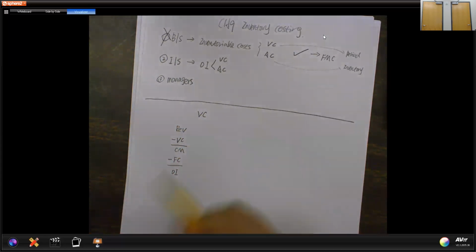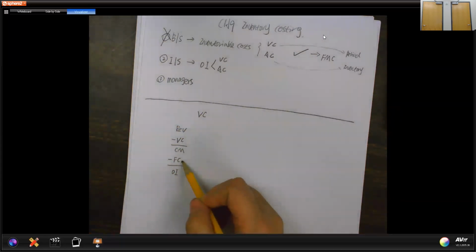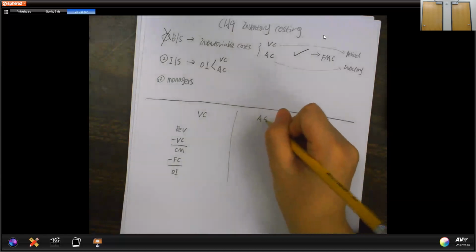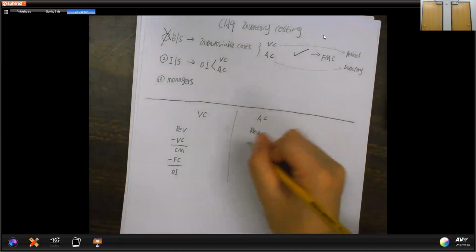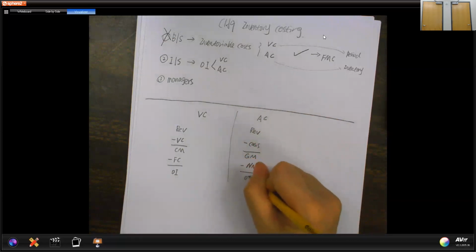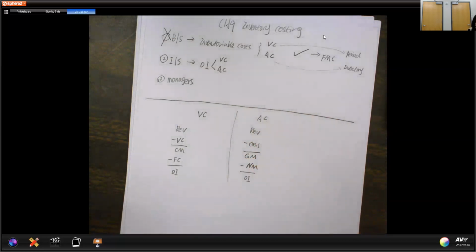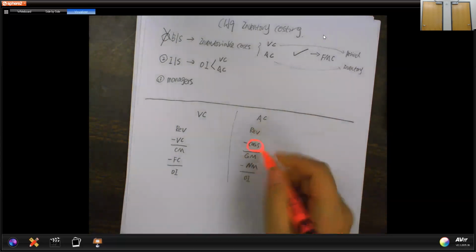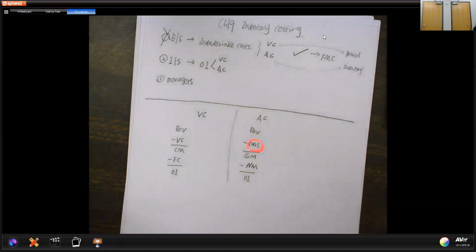You just take all of your variable costs and all of the fixed costs. For absorption costing, you have your revenue, minus your cost of goods sold gives your gross margin, minus your non-manufacturing cost, and you get your operating income. So the key item here is your cost of goods sold.